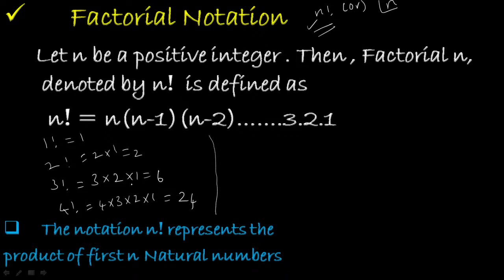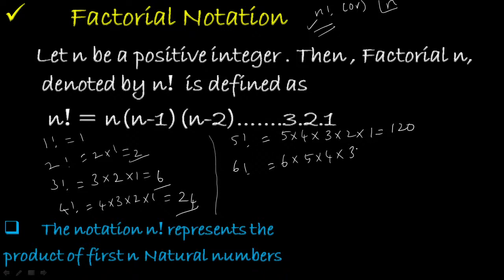So the value of 2 factorial is 2, 3 factorial is 6, 4 factorial is 24, and 5 factorial is the product from 1 to 5, that is 5, 4, 3, 2, 1, which is 120. 6 factorial is 6, 5, 4, 3, 2, 1, which is equal to 720, and 7 factorial is 7, 6, 5, 4, 3, 2, 1, the product of numbers from 1 to 7, and this value is 5040.